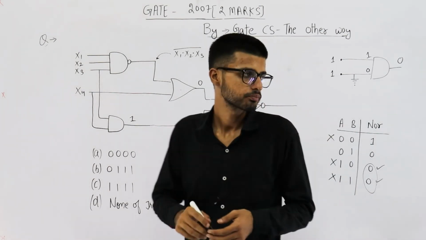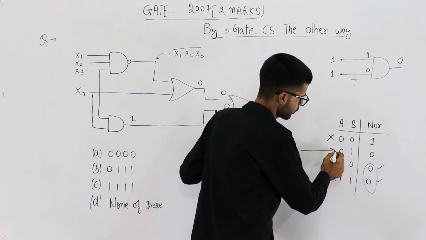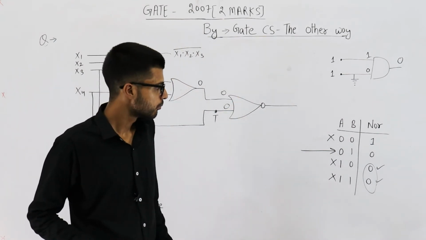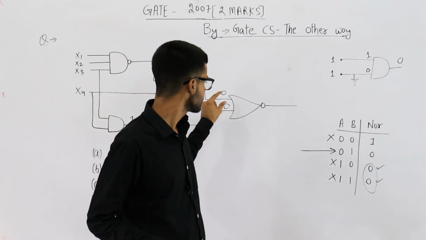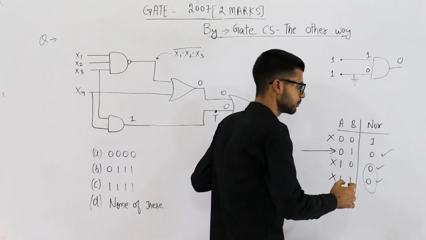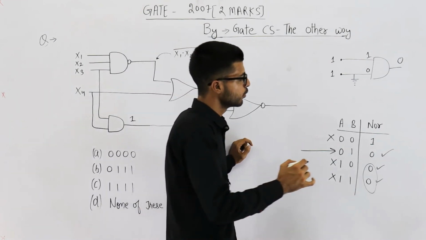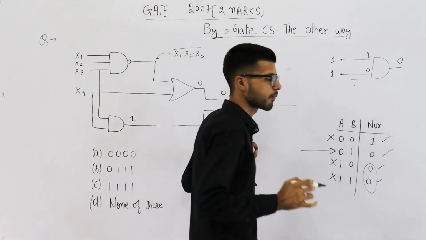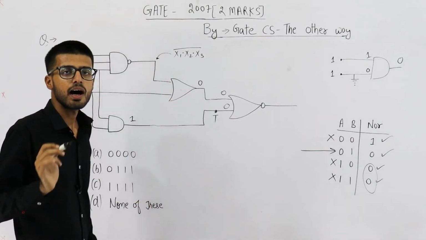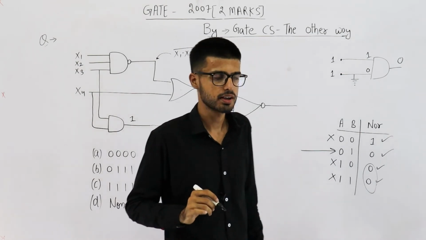Now you see, we applied this input to the final gate, which is a NOR in this case. But this NOR is actually getting 0, 0. The expected output is 0. But if there exists such a fault, we are going to get 1. Now, if even on applying 0, 1, I get 1 on output, I can be sure that there is some fault in this circuit.